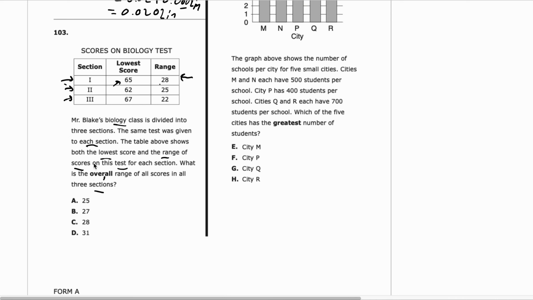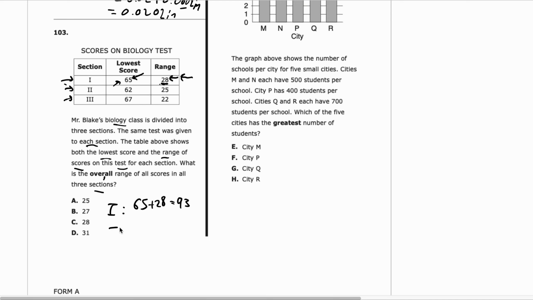Okay, so let's look at section 1. If the lowest score is 65 and the range of scores is 28 points, then the highest score must be 65 plus 28 points, right? So that would be 93, I think.